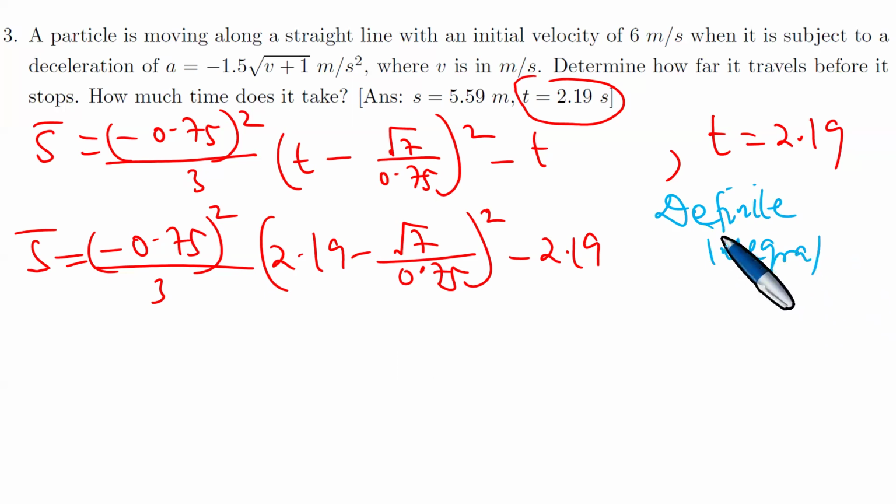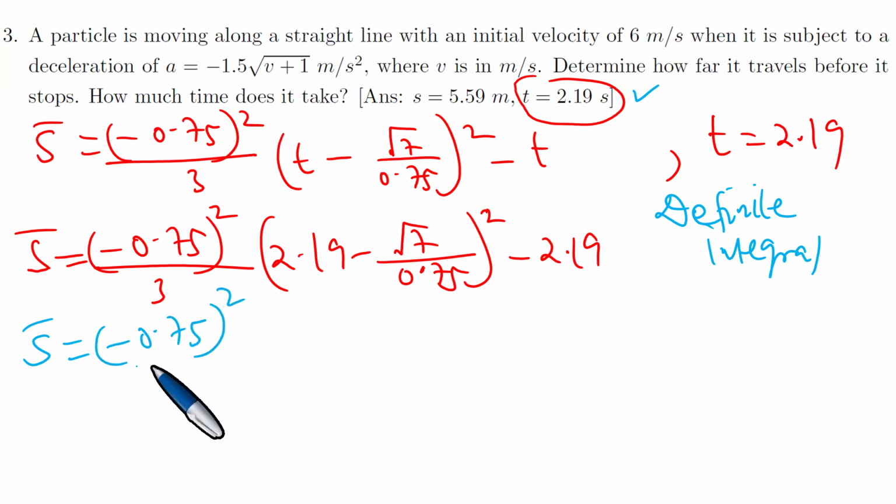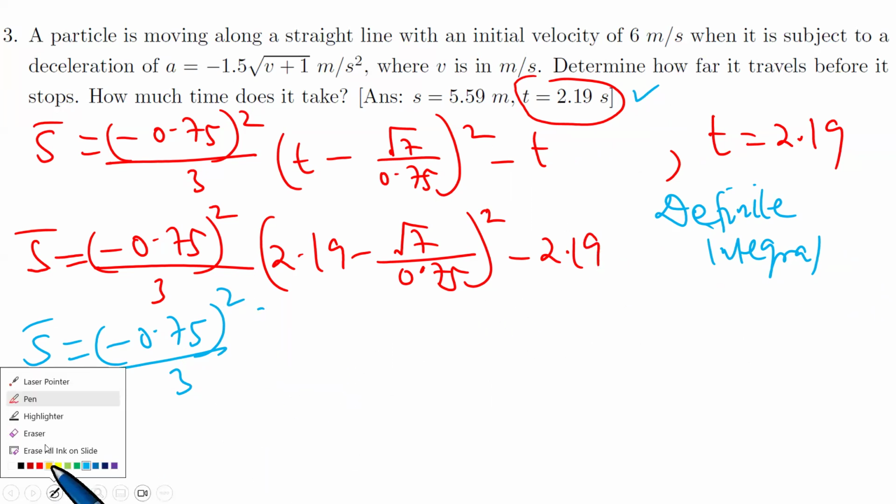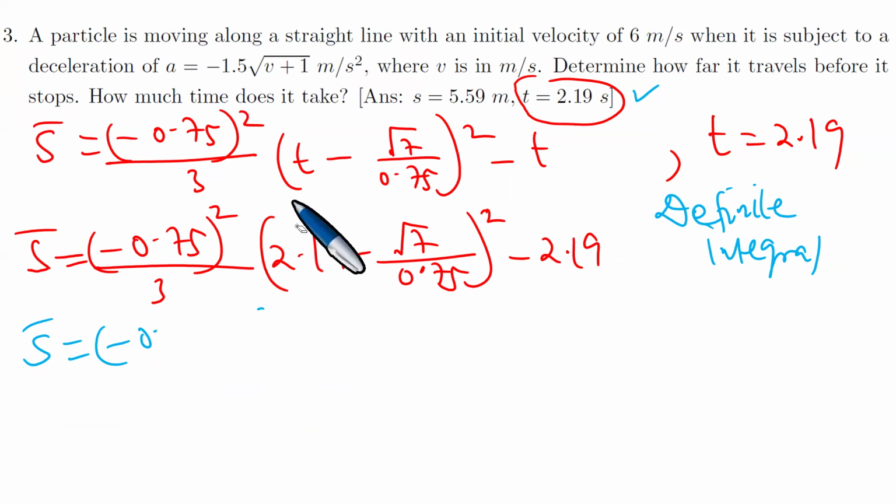It has limits of integration. So we're just going to substitute the time there. Minus 0.75 squared out of 3. We substituted that already: wherever there is t, we've put 2.19.